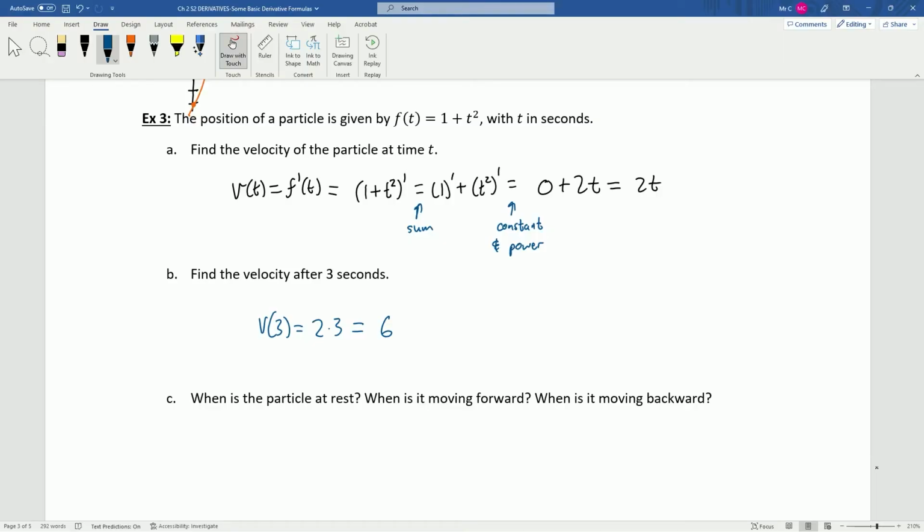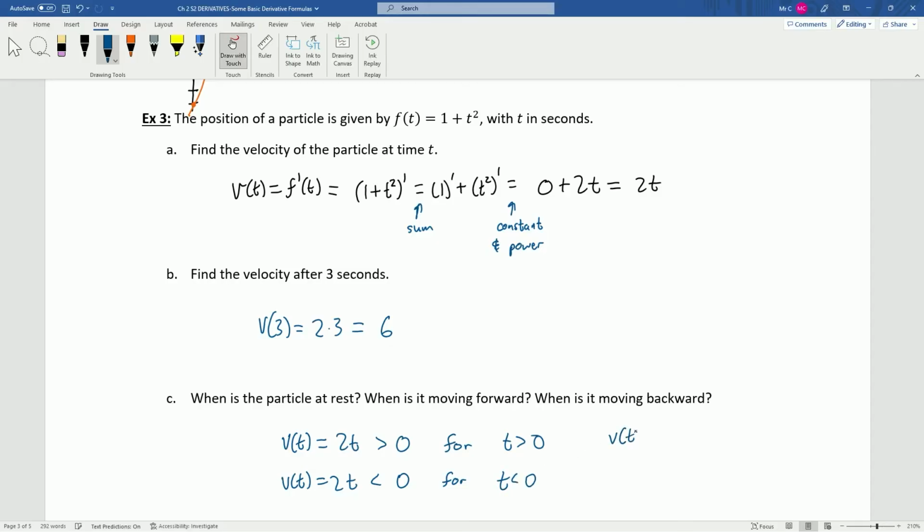So in this particular case, this is pretty simple. Don't overgeneralize this. It will not always be this nice. But what do we see? v of t equals 2t. So this is going to be positive for positive values of t, because a positive times a positive is positive. And v of t is going to be negative for negative values of t.